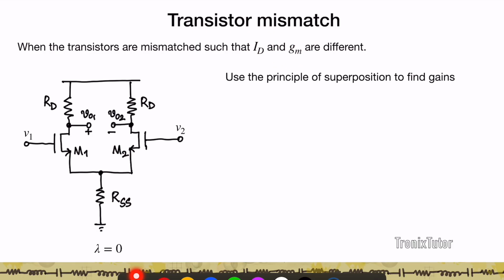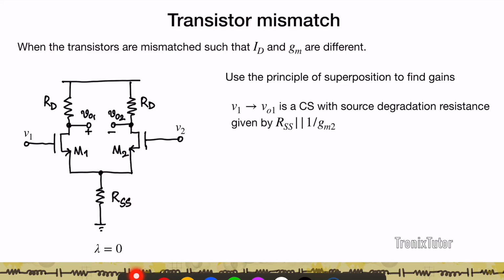Right? So let's assume that I have a generic differential amplifier. Assume the transistors are in saturation. V1 is the voltage I've applied to the gate of M1. V2 is the voltage I've applied to the gate of M2. I have a non-ideal current source RSS. And I have a load resistance which is nominally equal to each other. And again, I'm talking about a differential output, so I have a VO1 and a VO2.